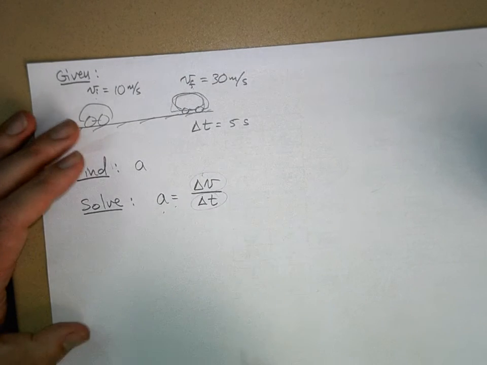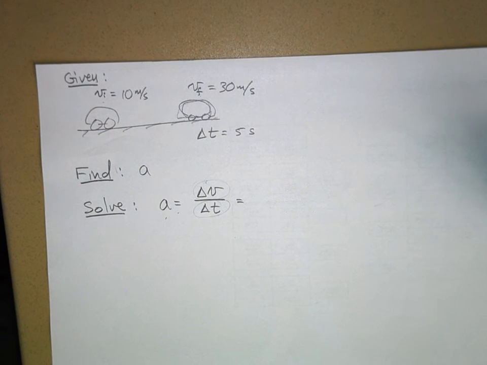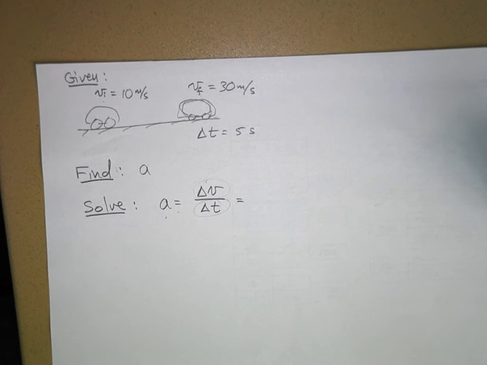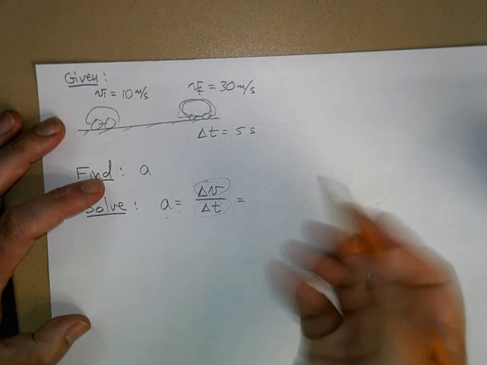So how much did I change my velocity? Now look at the problem. This one's easy. If I go from 10 to 30 meters per second, how much do I change? 20. Now how did you get that? You went 30 minus 10 is 20. So what you do to find how much something changed is you say, well, where did it end up?